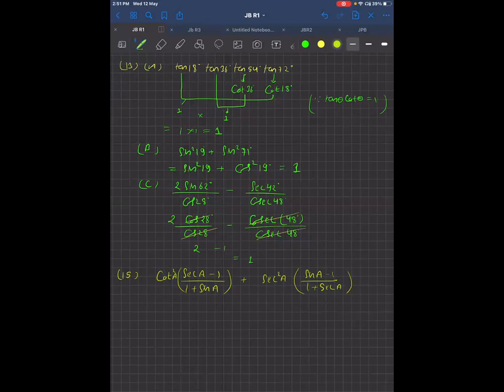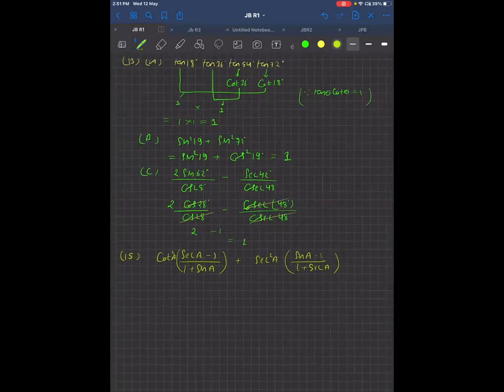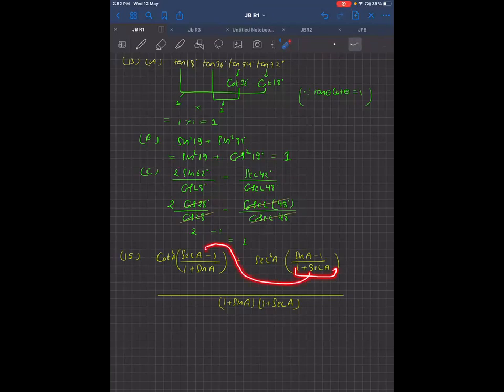Now actually, to solve this one, first take LCM. What will be the LCM? The LCM is 1 plus sin A into 1 plus sec A. This is the LCM. Now see, you're taking LCM, so 1 plus sin A multiplies to this one, and 1 plus sec A multiplies to this.